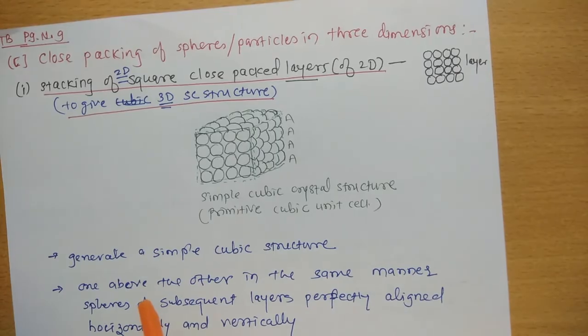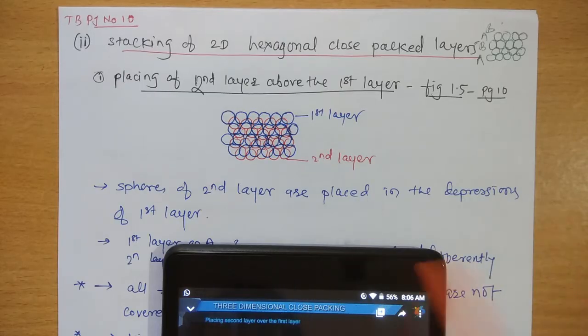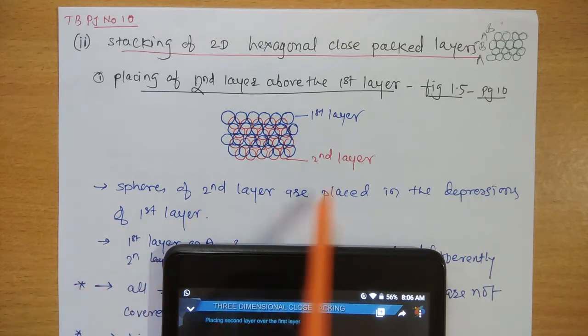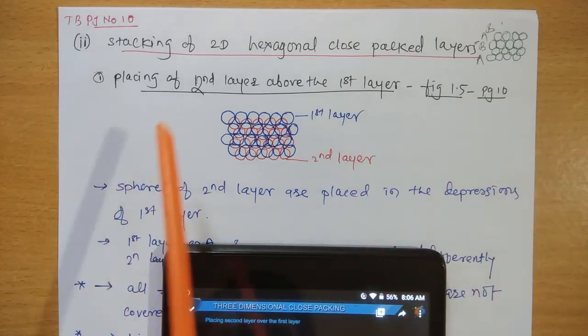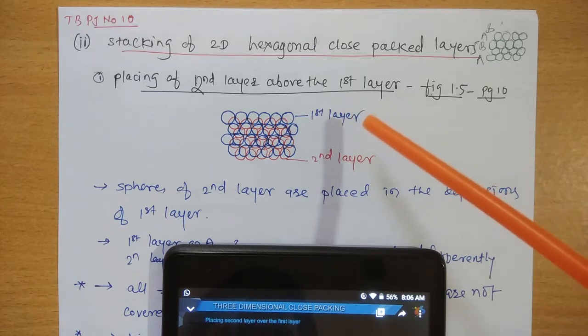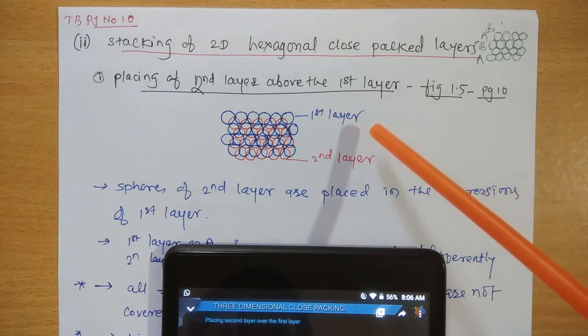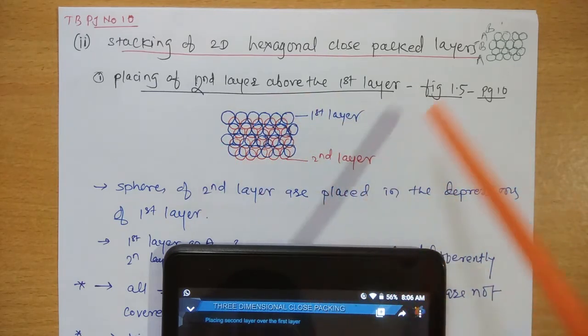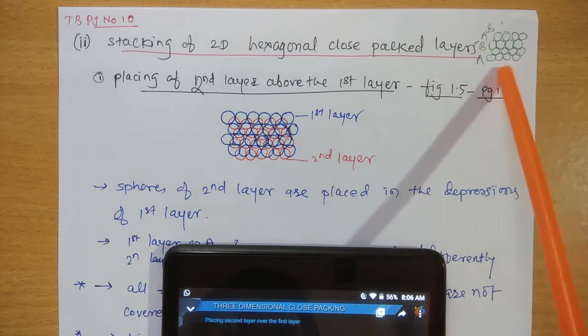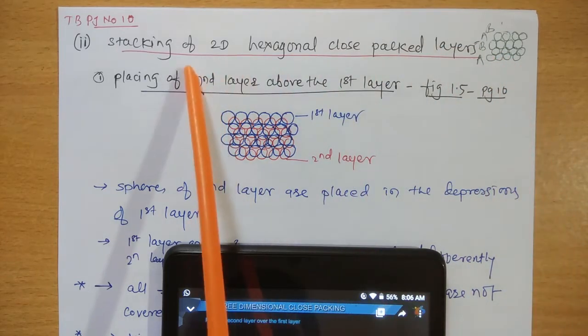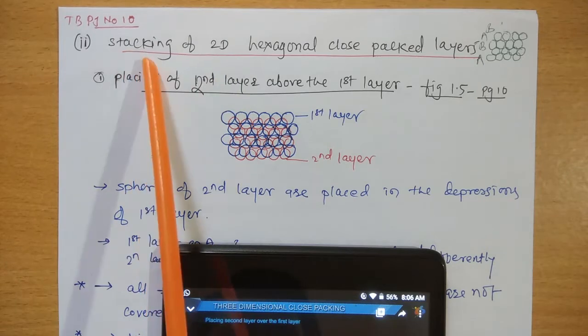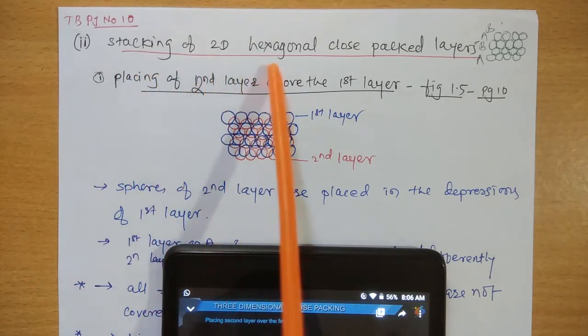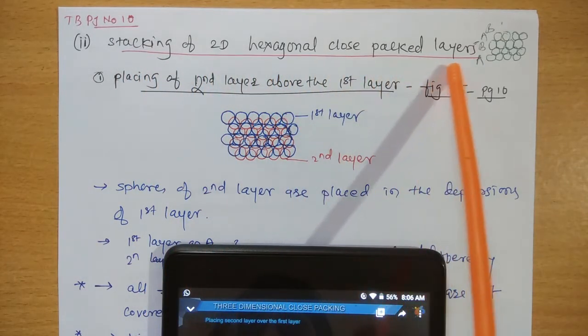Okay, let us see 3-dimensional packing in the second way. To form the three-dimensional arrangement in the second way, we are going to use this type of layer, that is, stacking of the two-dimensional hexagonal close-packed layer.